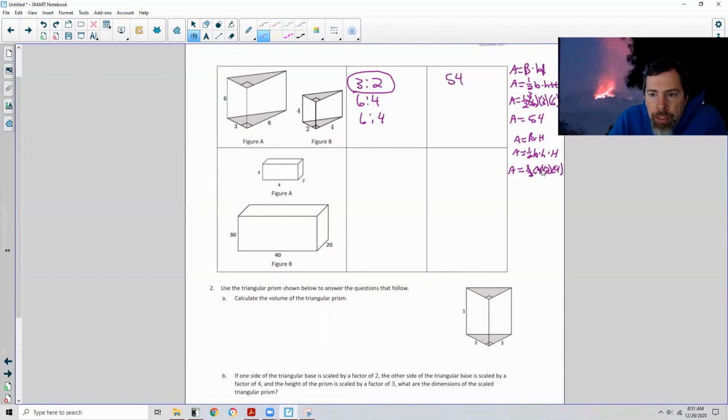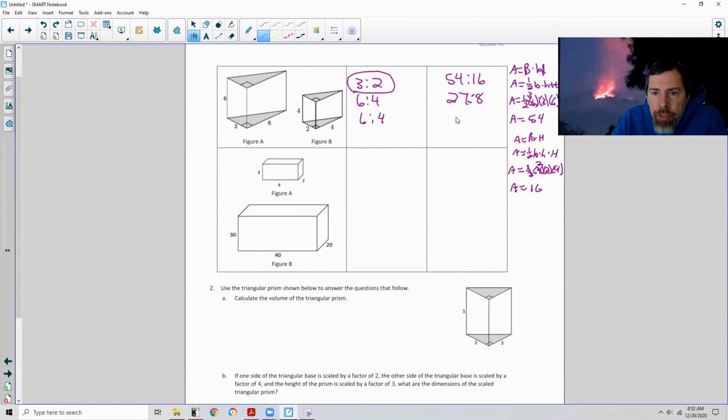So this half will make this 4 a 2. So 2 times 2 is 4, times 4 is 16. So I get 54 to 16. Okay, 2 times 2 is 4, times 2 is 8, so I want an 8 here. Half of 54 is 27, so we have a 27 to 8 ratio.